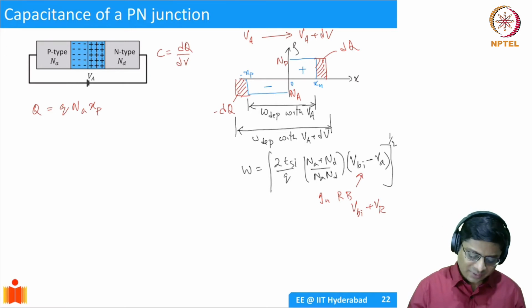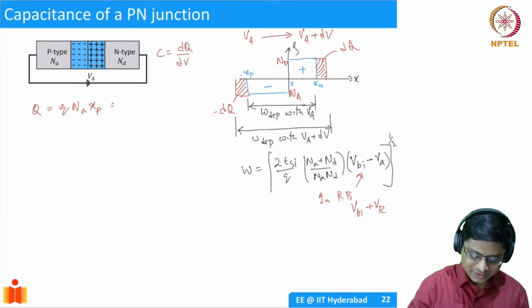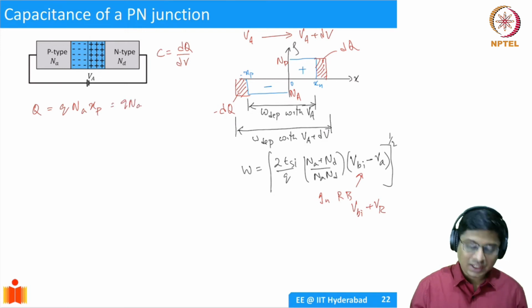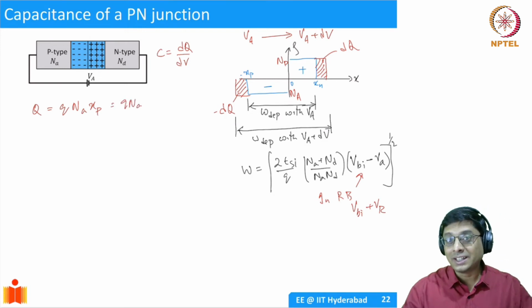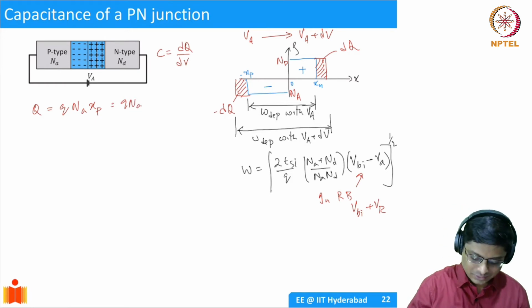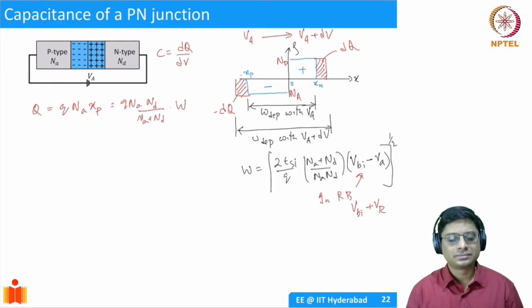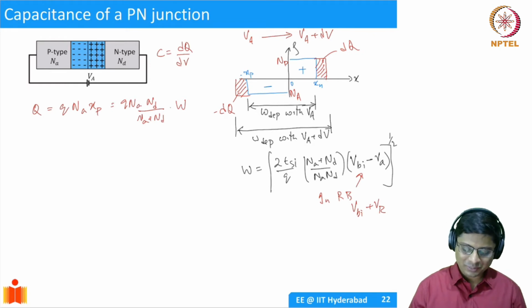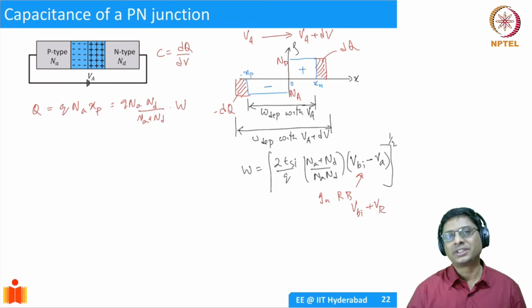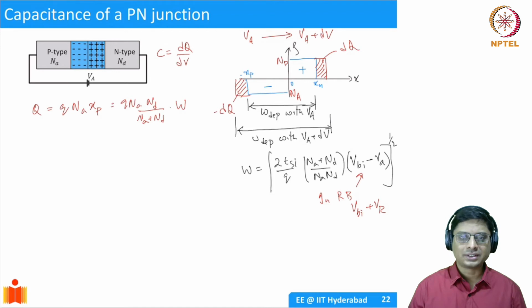And we have already derived an expression for this. We said this was QNa and XP was proportional to Nd, so there was this Nd divided by Na plus Nd times width. You see, now we have managed to bring in the width, and width has a voltage dependence, right?